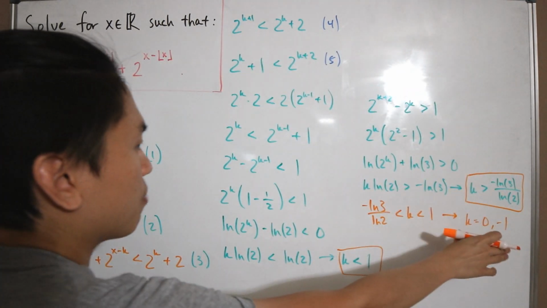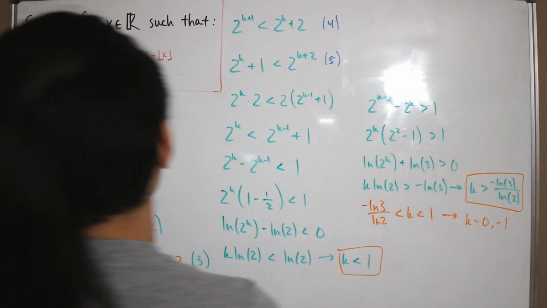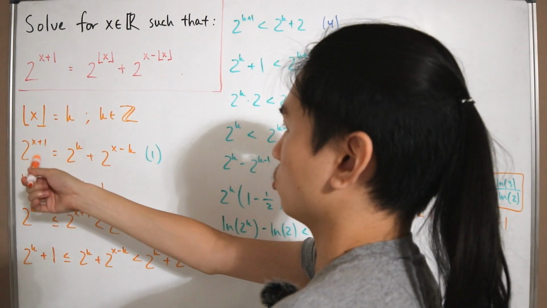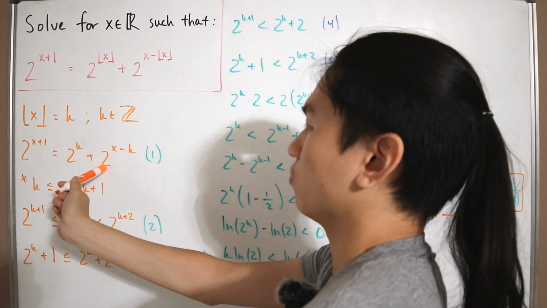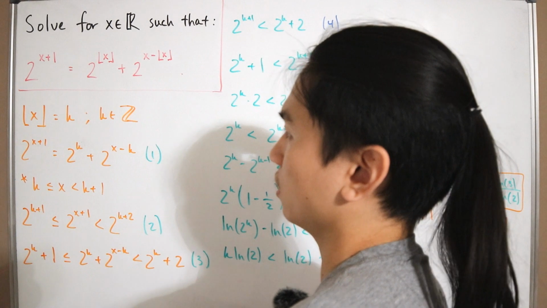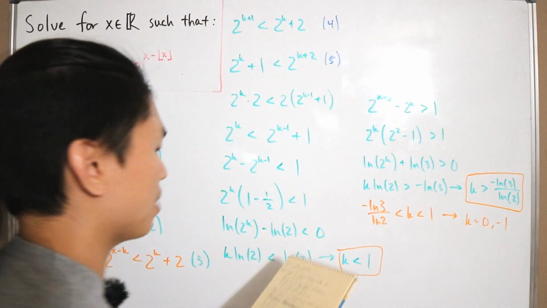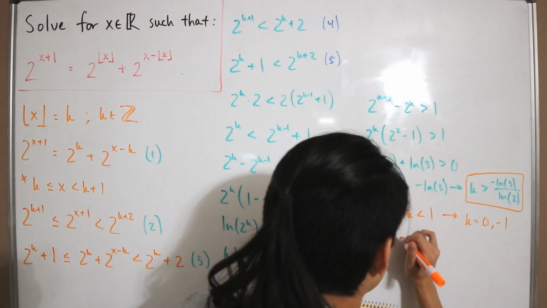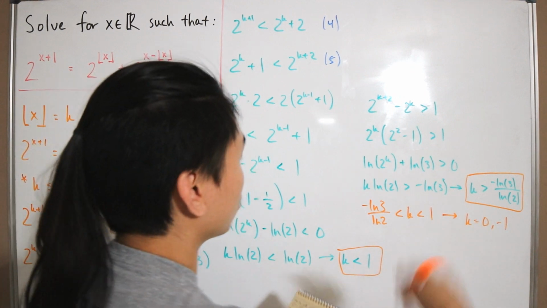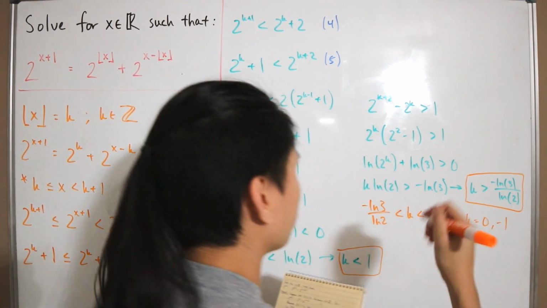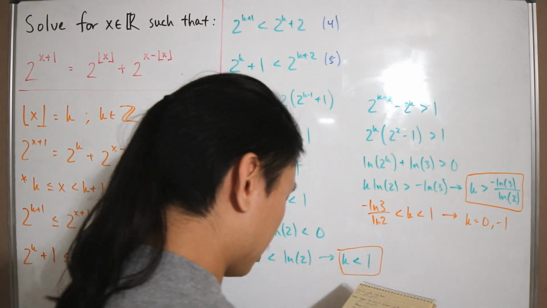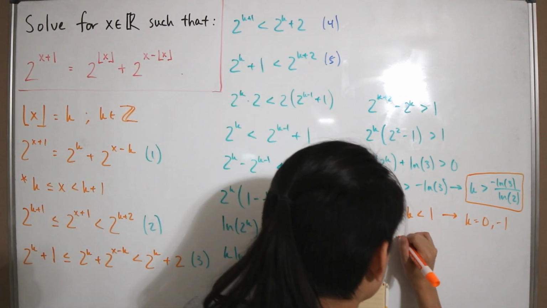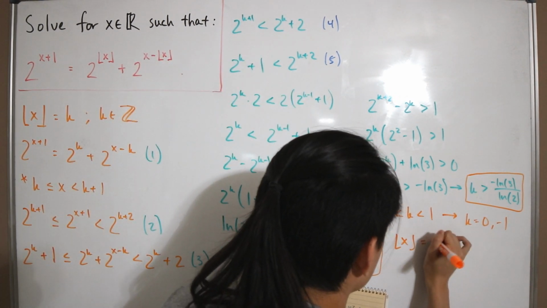So now that we found out that k is equal to 0 or negative 1, all we have to do is plug this back into our original equation, and then we can find whatever our x value is. So let's first start with k equal to 0, so the floor of x is equal to 0.